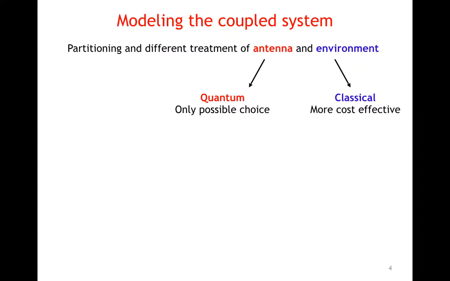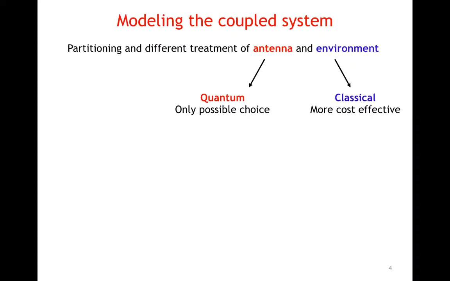Since the antenna is the molecule responsible for the transition from ground to excited state, it must be described with some quantum methods. So using quantum physics for this part of the system is essential, and it is the only possible choice. But the environment can be treated at a cheaper computational level because, of course, it is not possible to include everything in the quantum region.